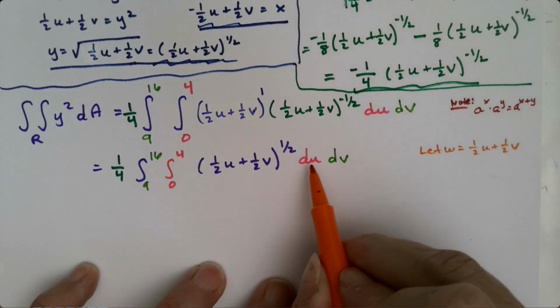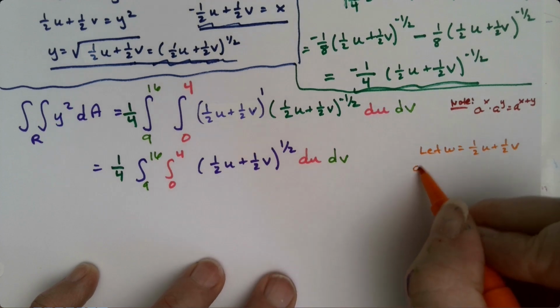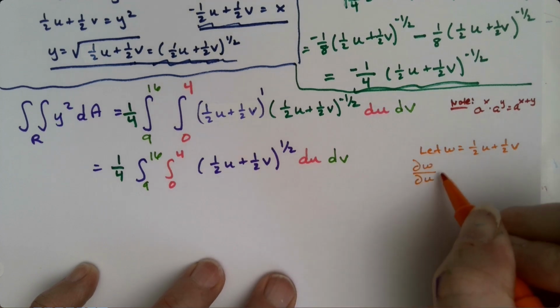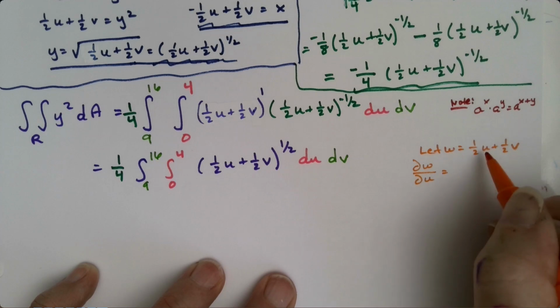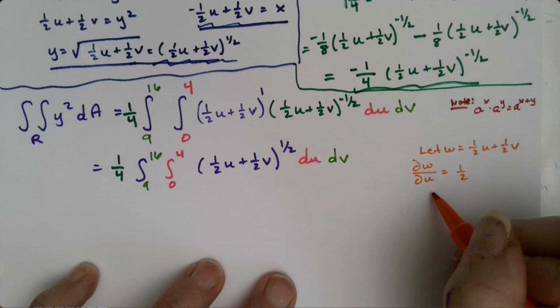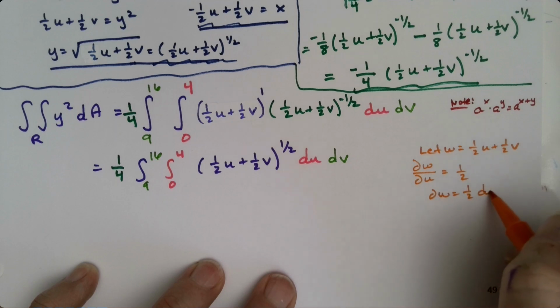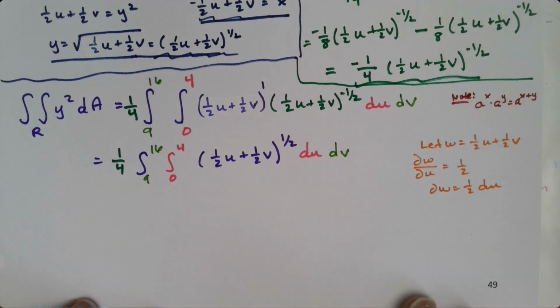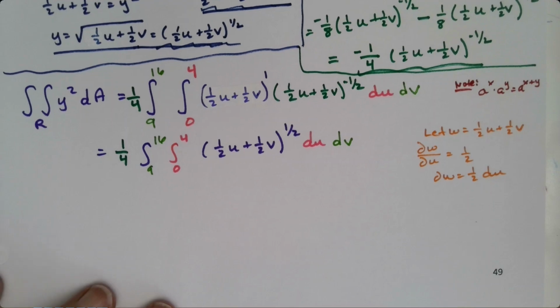Then I want to take the derivative with respect to u. So the derivative of w with respect to u would be 1/2. So dw, if you will, equals 1/2 du. I'm going to do an old school substitution.